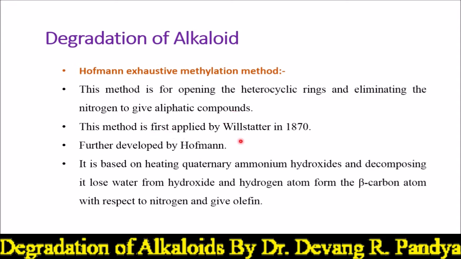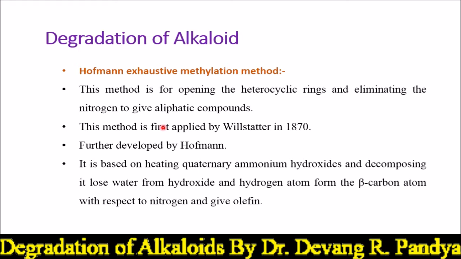This method was first applied by Wilster in 1817 and further developed by Hofmann, and that's why it is known as the Hofmann method. In this method, to remove the nitrogen from the heterocyclic ring, exhaustive methylation, one methylation after the other, is carried out.